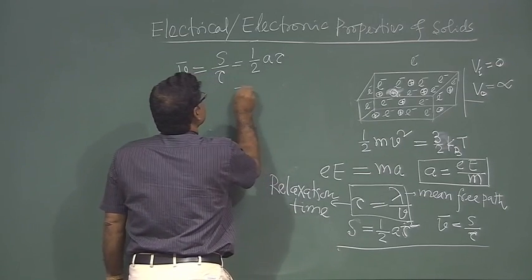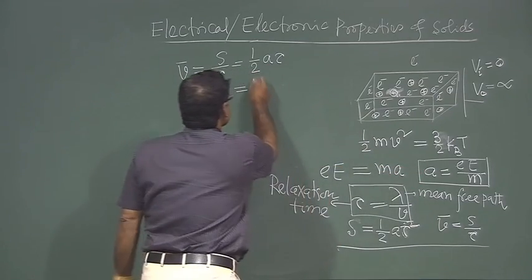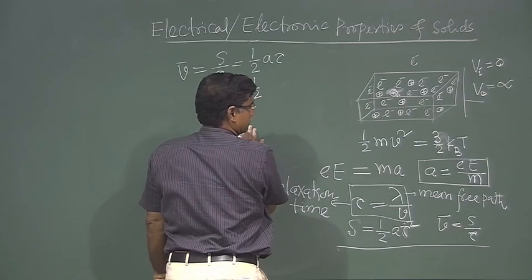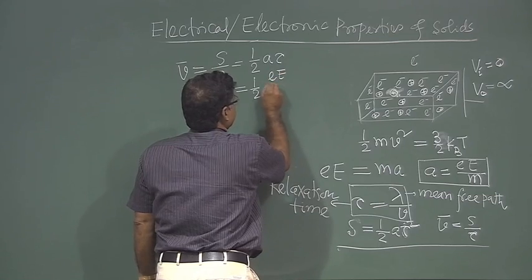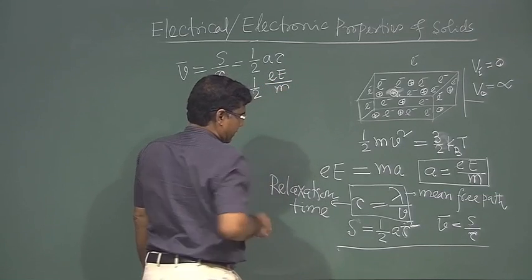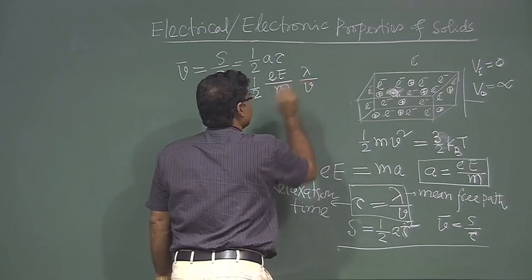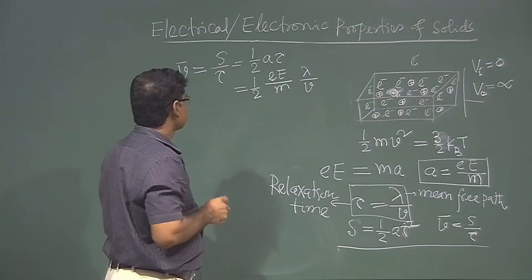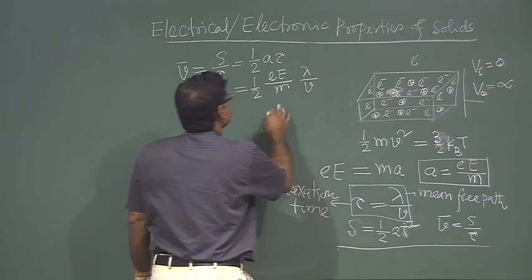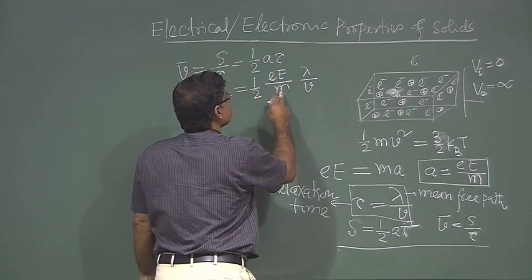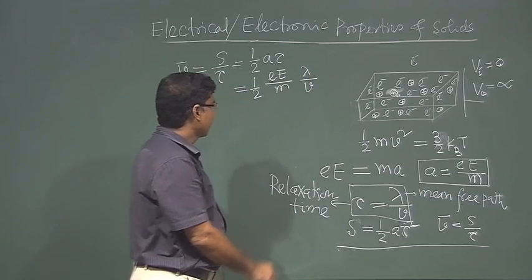Now, if I put the value of a, I will get half E by m, and tau is lambda by v, right. So, this is the drift velocity. Here charge, mass, electric field, and lambda is the mean free path.